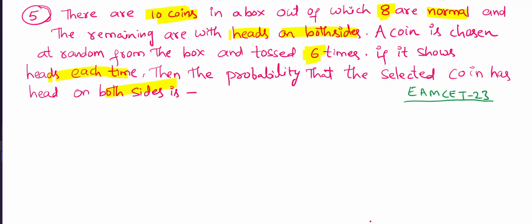In a box there are 10 coins. Out of 10 coins, 8 are normal coins and 2 have heads on both sides. So first we take A1 as the event of choosing a normal coin.